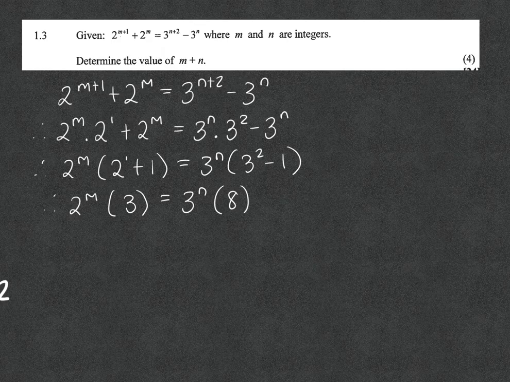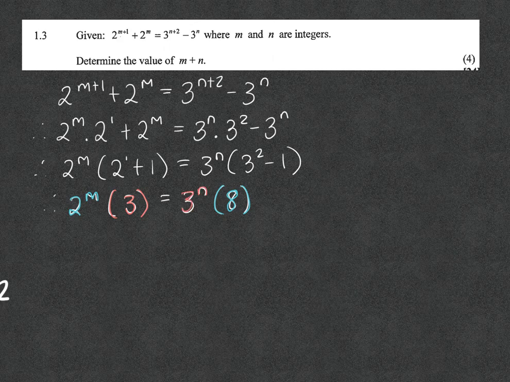Now we've actually got our answer, and it's a matter about making the left-hand side look like the right-hand side. Sounds a little bit like an identity, doesn't it, from trigonometry? But basically what we've established here is that 2 to the m on this side must be the same as whatever that is. And 3 to the 1 must be the same as 3 to the n.